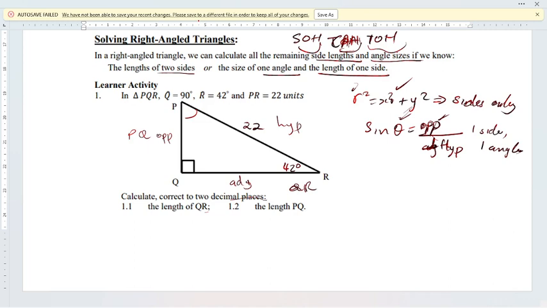Again, we go cos 42 degrees equals adjacent, QR, over the hypotenuse PR.